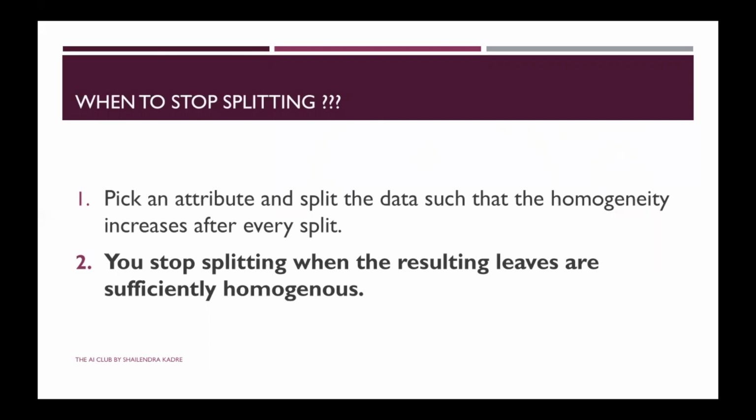You stop splitting when the resulting leaves are sufficiently homogeneous. A perfectly homogeneous set is not possible in real-time scenarios, but we want some sufficient homogeneity, like in linear regression we saw that we want some accuracy of 90%, 95%, something like that. So in a decision tree also, we need some acceptable homogeneity.